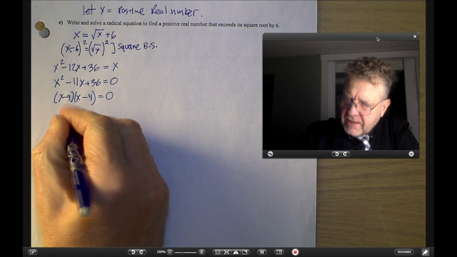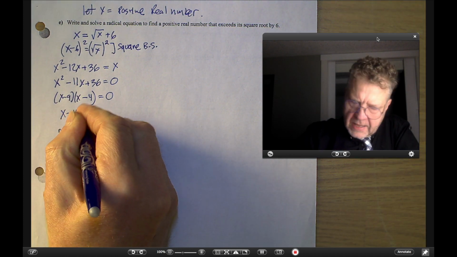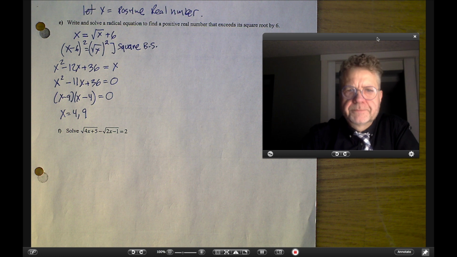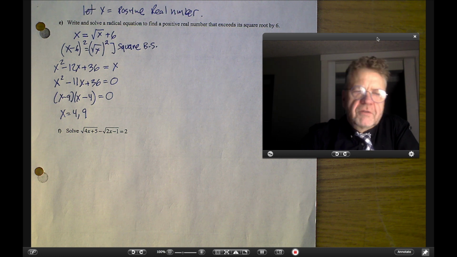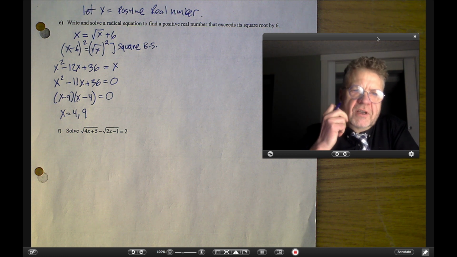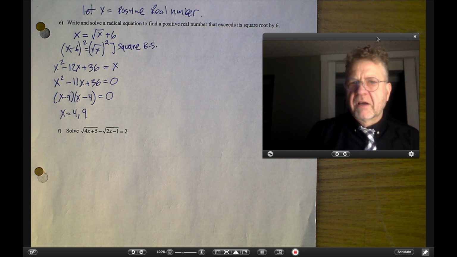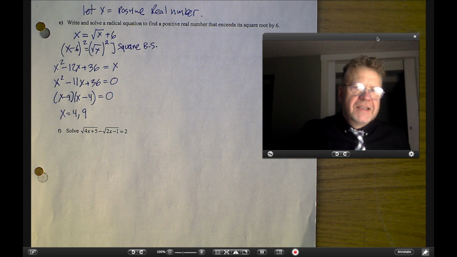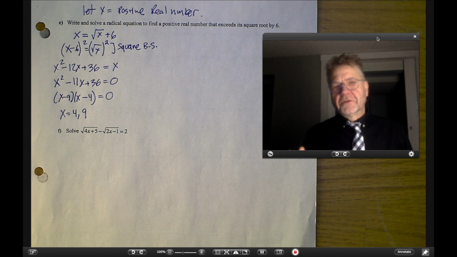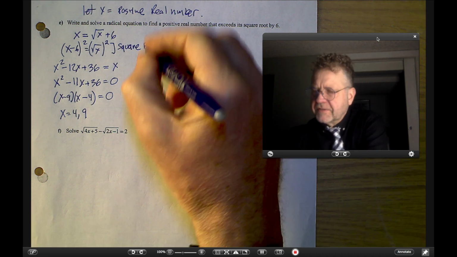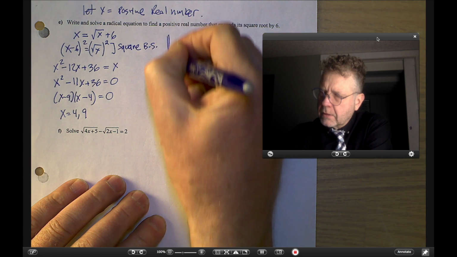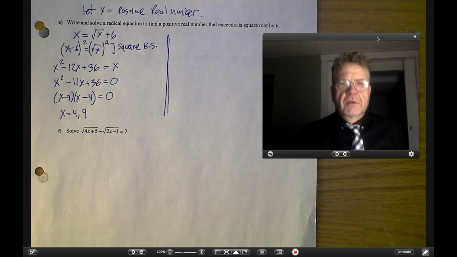What is x? X is 4 and 9, just like that. All right? So we have 2 suspected answers for a real positive number which exceeds its square root by 6. Let's test and see which one, or if both, work.